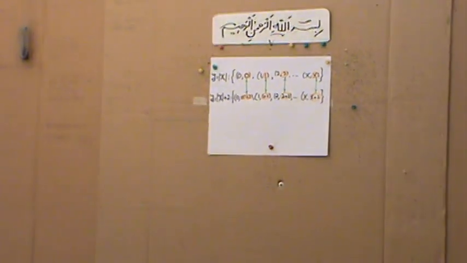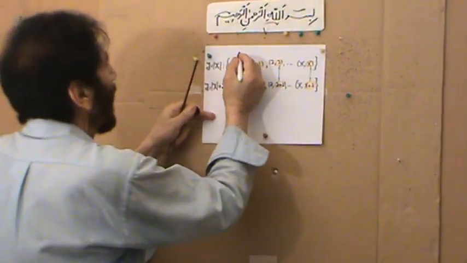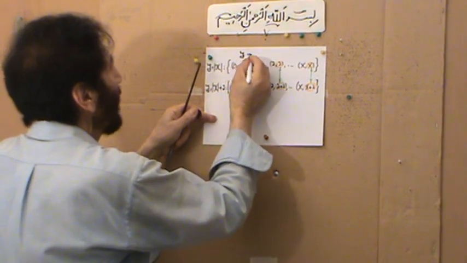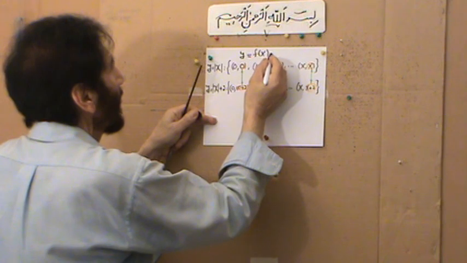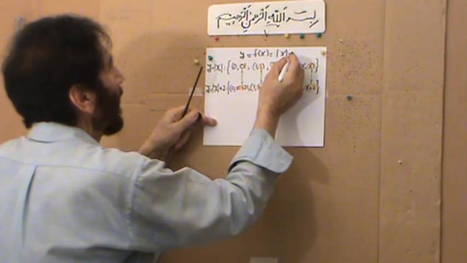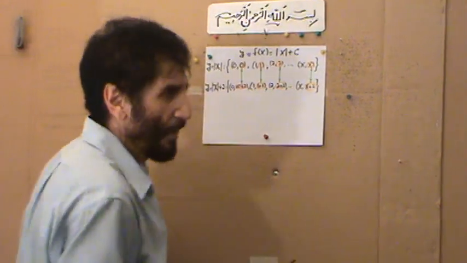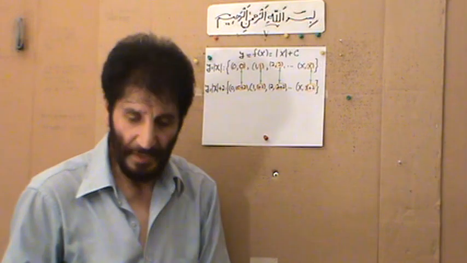We want y as a function of x with the rule of correspondence to be the absolute value of x plus c, where c is a constant number, positive, negative, or 0.